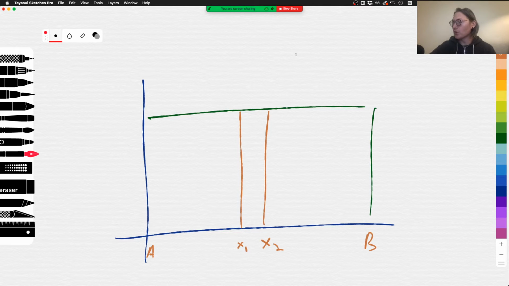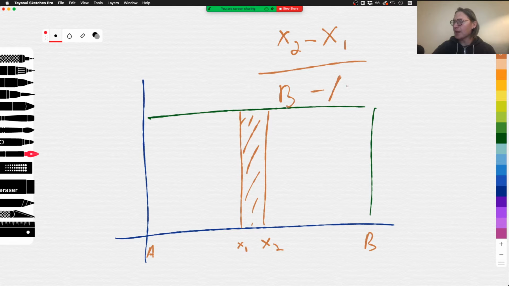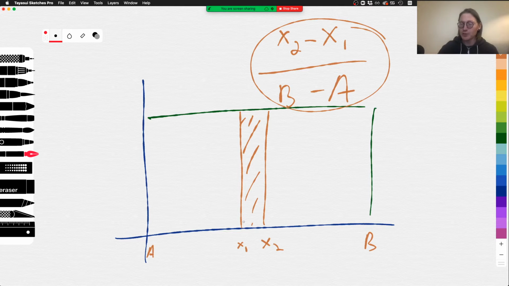So the probability of this area can be expressed as x2 minus x1 over b minus a. That's how we can discern the probability of a certain range of outcomes in a continuous uniform distribution.